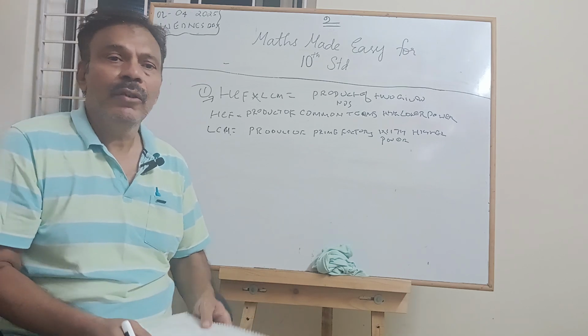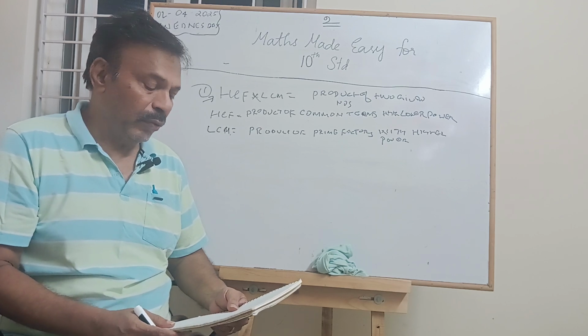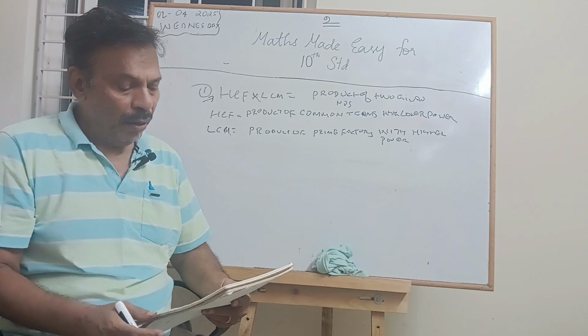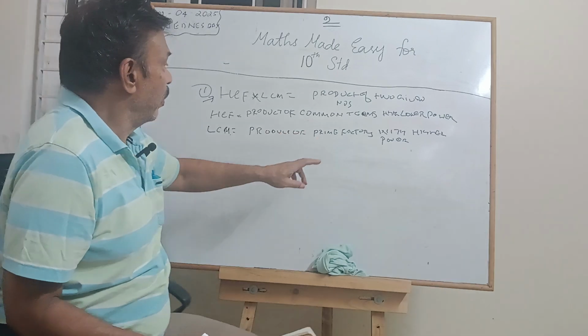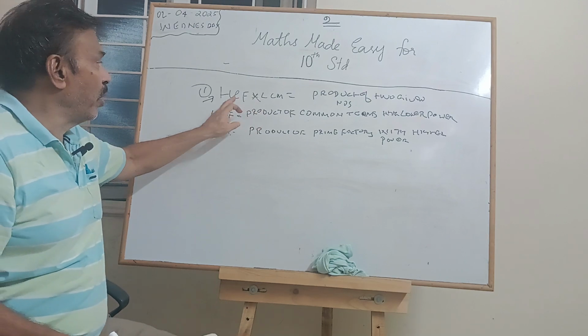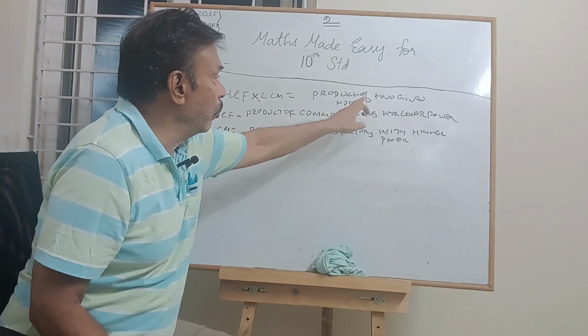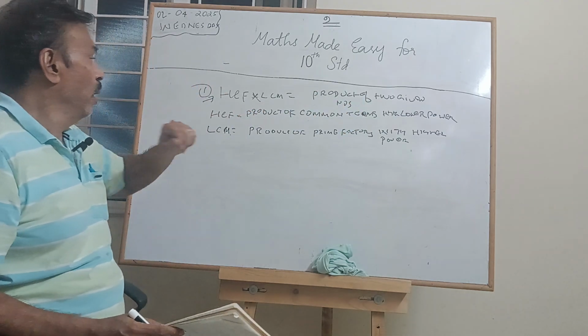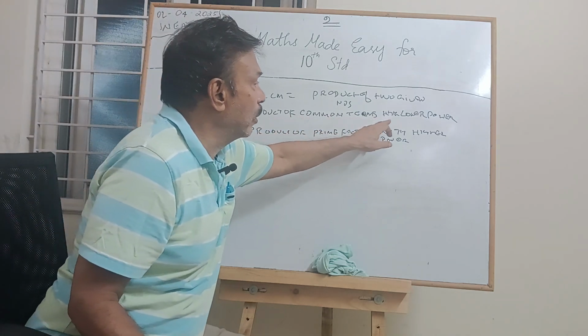Okay, so now we have covered this. I'll be taking the problems with HCF and LCM. Already I told you yesterday, the product of HCF and LCM is the product of the two given numbers. HCF is the product of common terms with lower power.